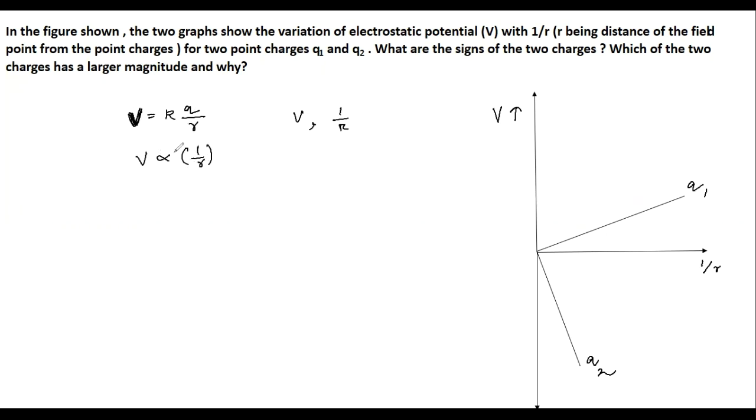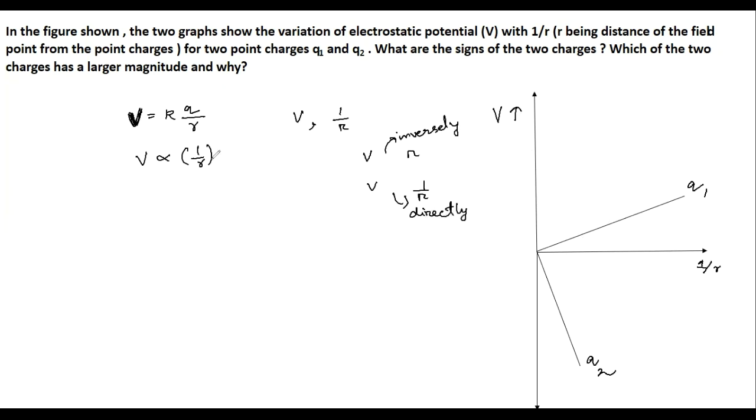So that is why you are given a variation between V and 1 by R. You have to understand the difference between the relation between V and R, and the relation between V and 1 by R. When we say the relation between V and R, it is inversely related. And when we say the relation between V and 1 by R, it is directly related.